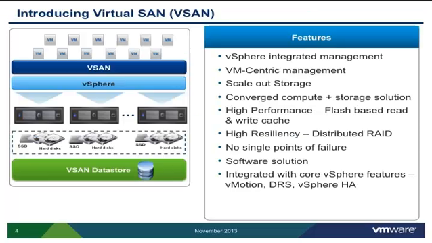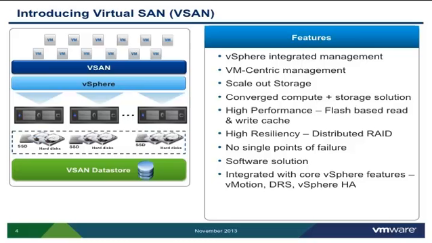So what is a Virtual SAN? In a nutshell, we're taking your ESXi hosts and the local storage of those hosts, and building a distributed data store that goes across all the hosts in that cluster.